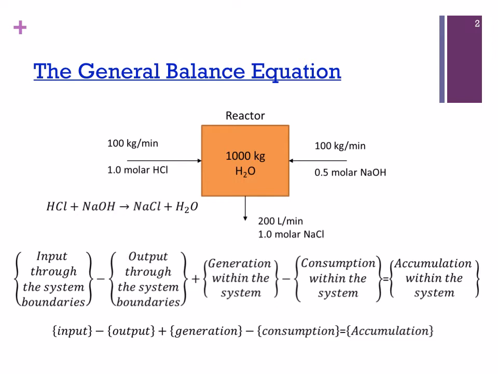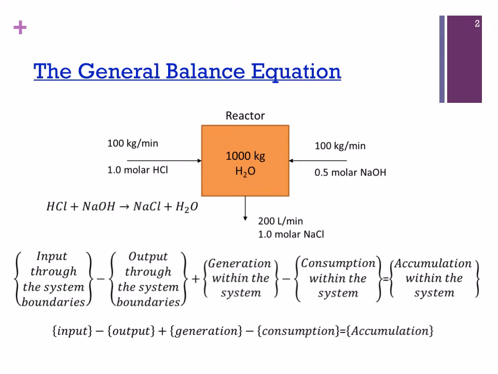So to explain this material balance, we have to use an equation which we call the general mass balance equation, whereby all the input through the system is subtracted by all the output of the system and plus all the generation.